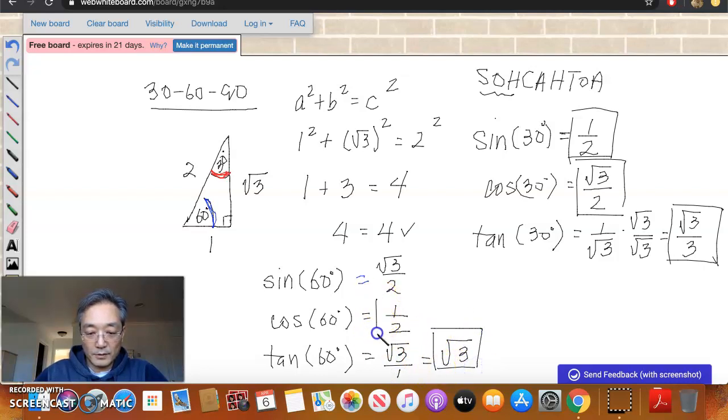Okay, so these are the basic values for our sine, cosine, and tangent for the 30 degrees and the 60 degrees, and the one we saw for the 45 degrees. These are the most important angles that we have so far.